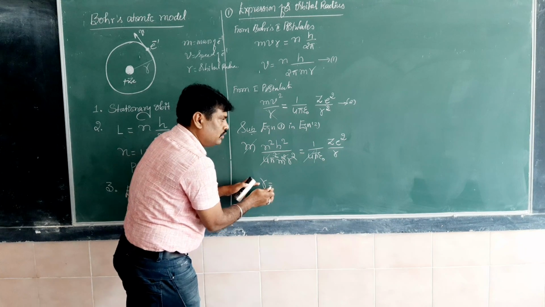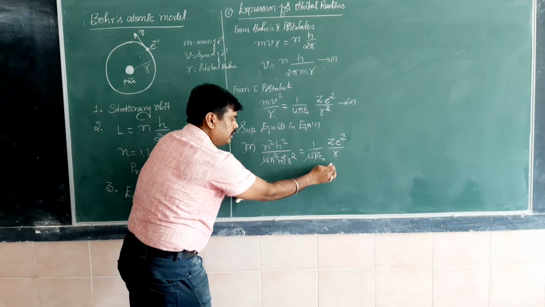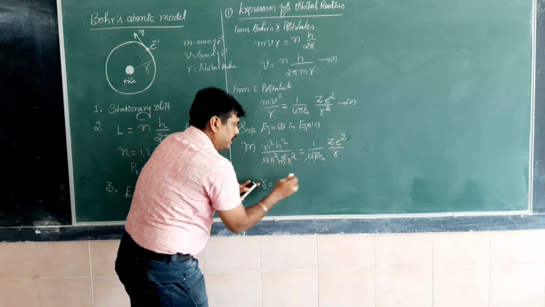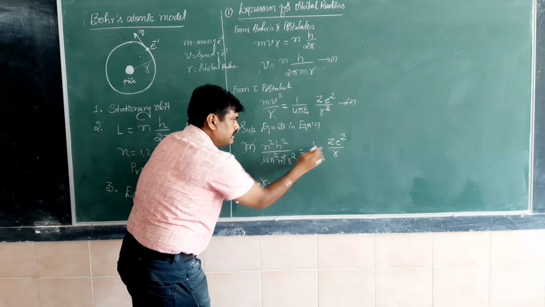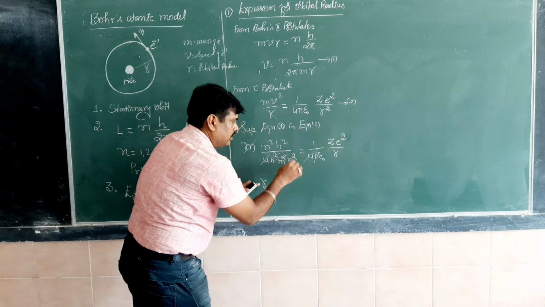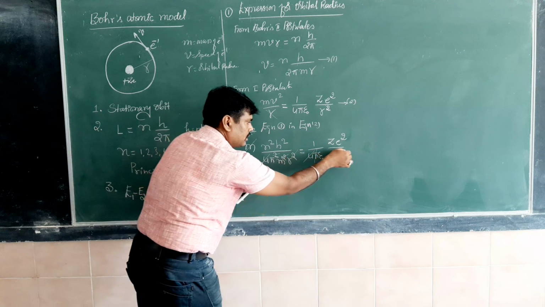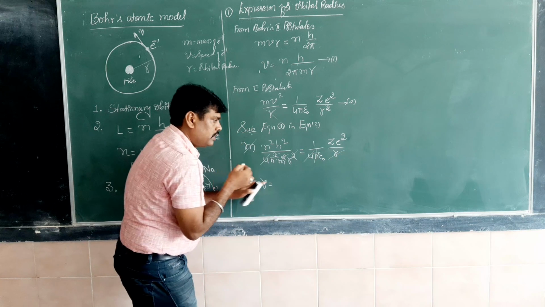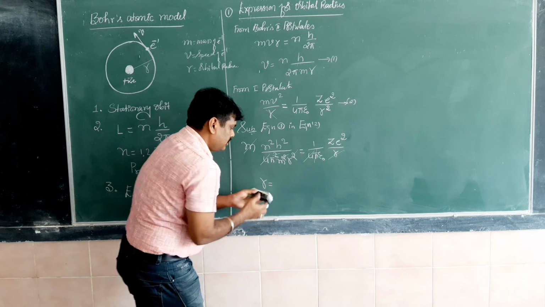These terms will come to the denominator and these terms will go to the numerator. So pi m Ze square is there. r one time gets cancelled. r square is here. r one time gets cancelled. So I want to write this r here.